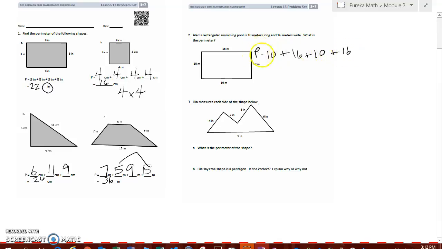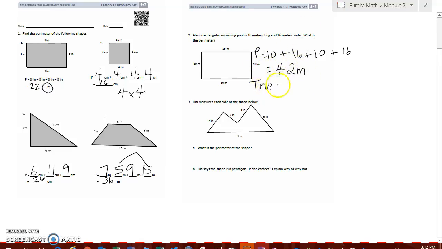And that's a capital P for perimeter equals all that. So find an easy way. I think one way would be to add all the 10s. I've got 10 here, 10 here, 10 here, 10 here. That's 4 10s, or 40. Plus 6 is 46. Plus another 6 gives me 52 meters.